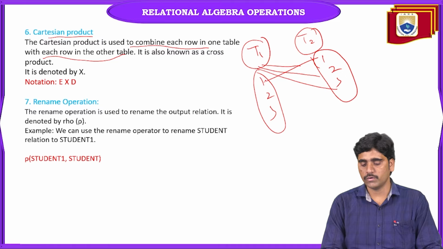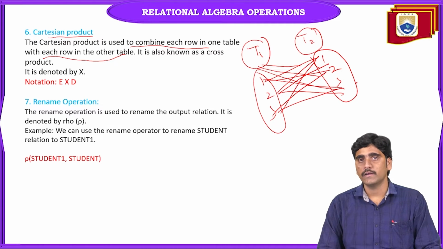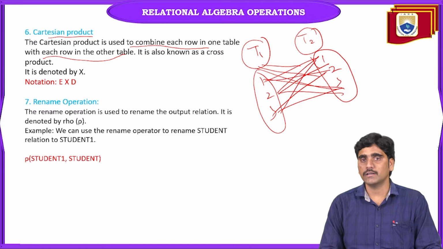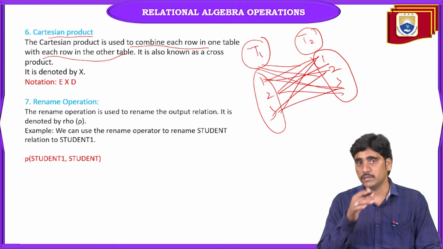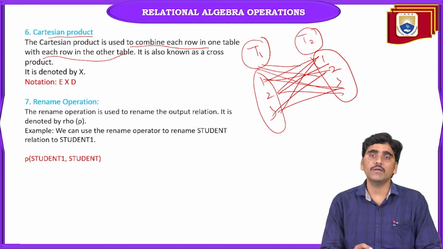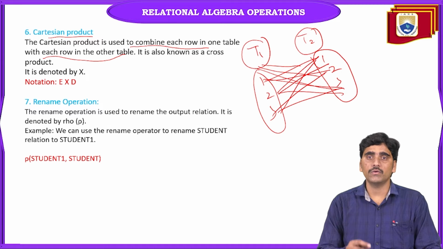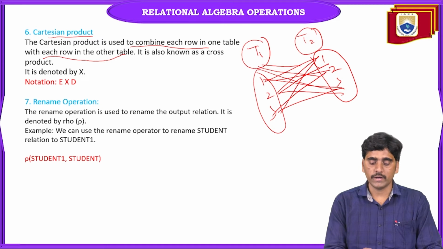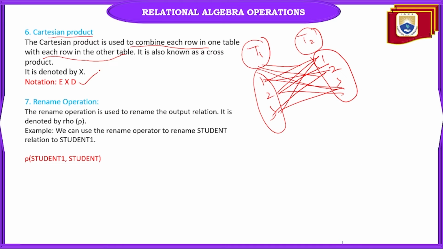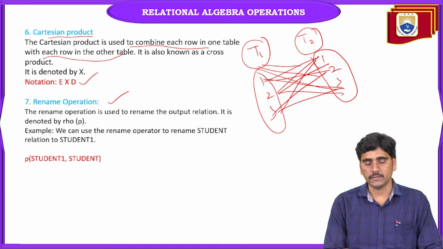Then we get 1,1; 1,2; 1,3 and 2,1; 2,2; 2,3 and 3,1; 3,2; 3,3. So it is combining, or multiplying, each row from one table with the other table. And it is indicated by E cross D.